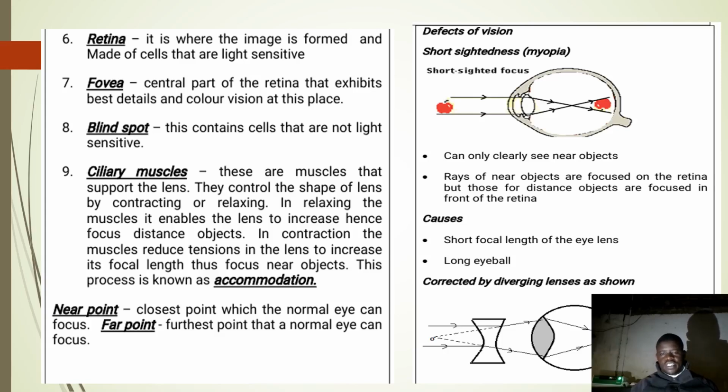So rays of near objects are focused on the retina, but those for distant objects are focused in front of the retina. What causes this is a short focal length of the human eye lens, and also a long eyeball. And it is corrected by diverging lenses as shown in that diagram.